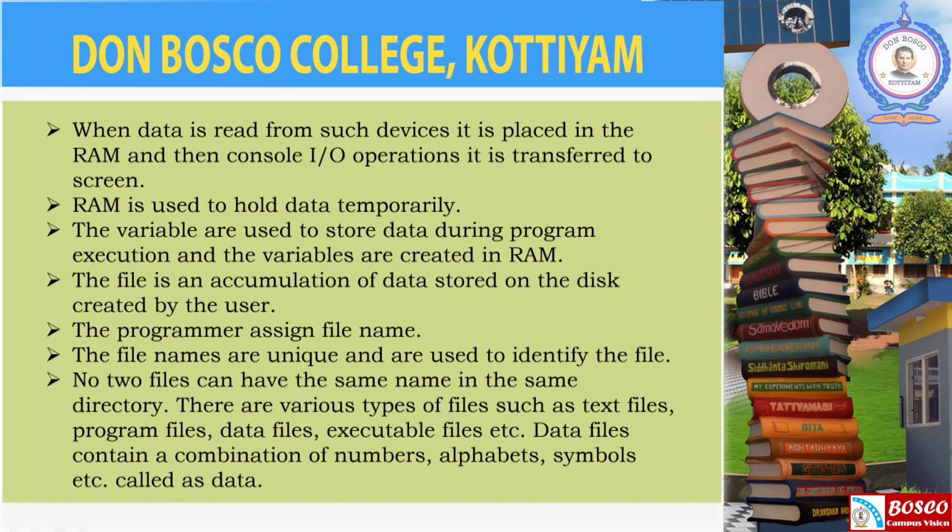We also know that a file is a collection of data stored on a secondary storage device, and the programmer assigns a file name for the file, and the names are unique to identify the file. No two files will have the same name in the same directory. There are different types of files such as text files, program files, data files, executable files, etc. Each file is distinguished by its extension.